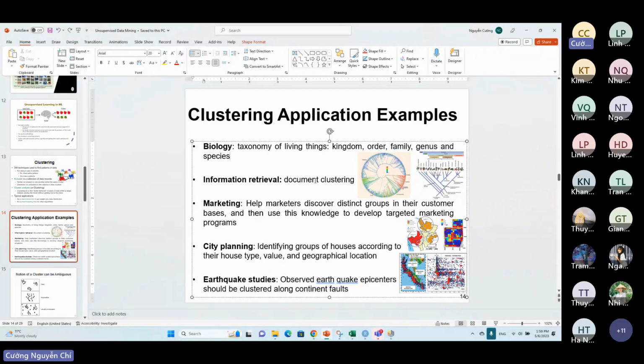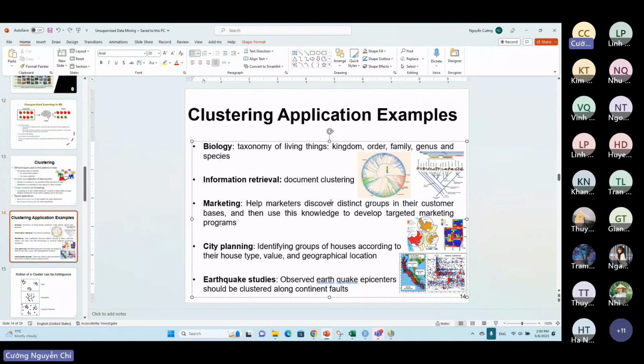Information retrieval, for example, document clustering. If you have 1,000 documents in the library, how do people know which paper or which book belongs to which one? People do information retrieval clustering. That happens, for example, by putting all the data of the literature books into one group, another one like math in one group, or something like that.